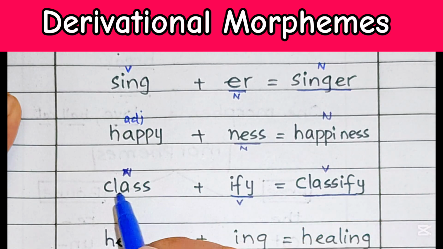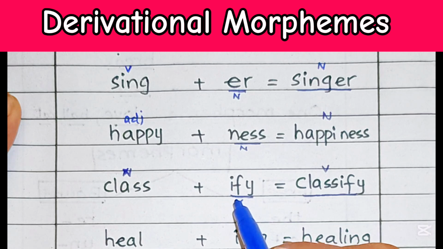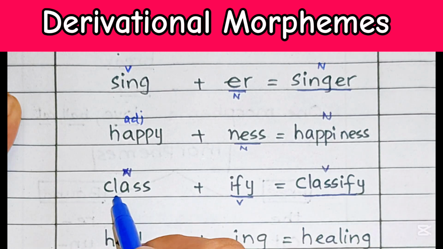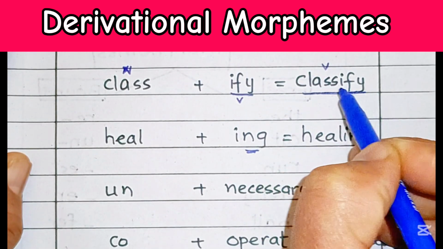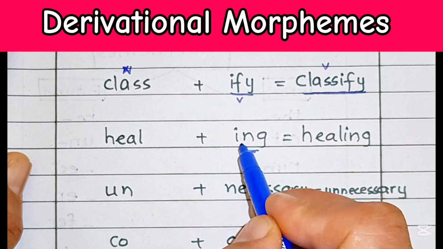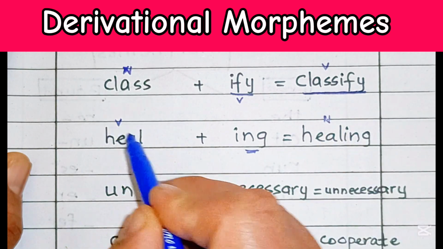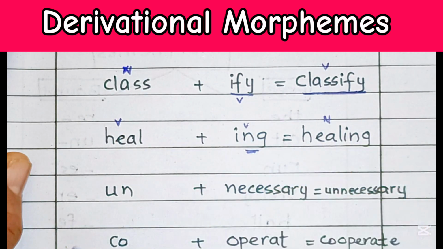By adding ify, a derivational morpheme, to that noun, it becomes classify, which is a verb. So the category changed. Heal followed by ing, healing. Healing is a noun, heal was a verb.